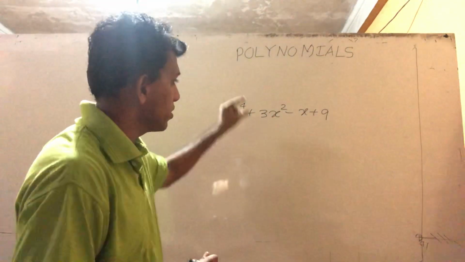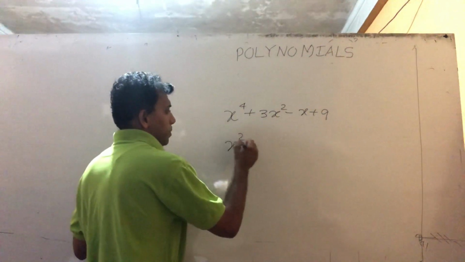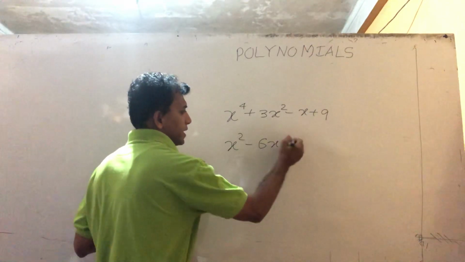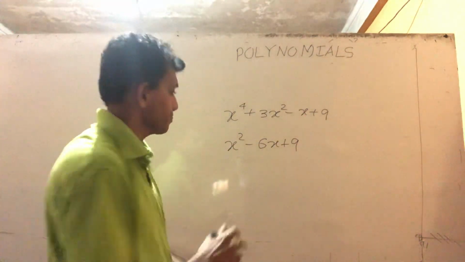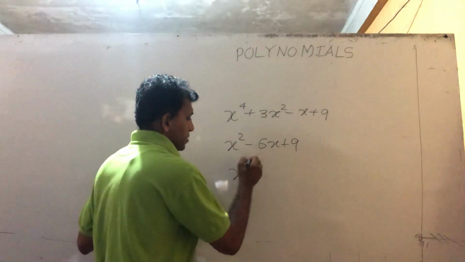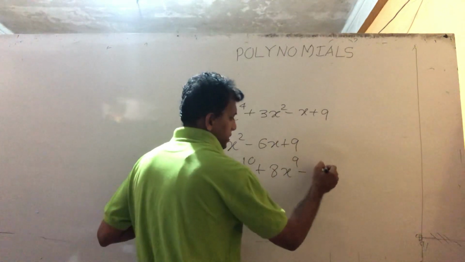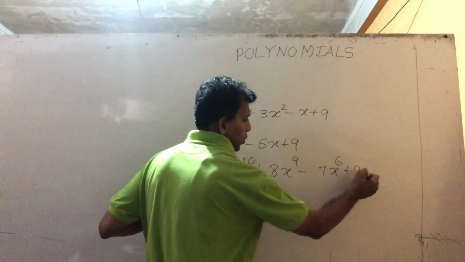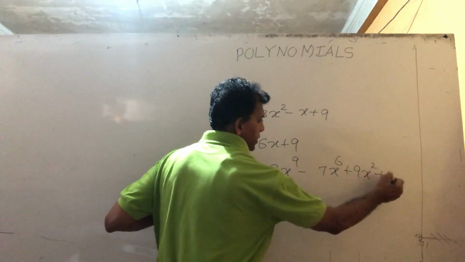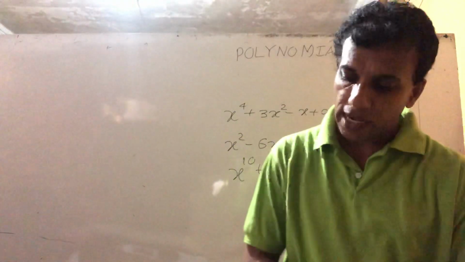Degree 4, we call it a power 4 polynomial. x square minus 6x plus 9 is a polynomial. x to the power 10 plus 8 x to the power 9 minus 7 x to the power 6 plus 9x square plus 100 is a polynomial. These are called polynomial examples, right?